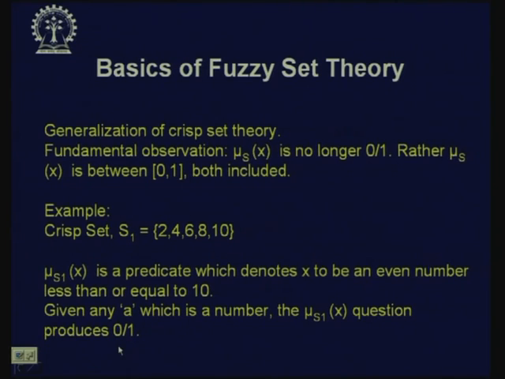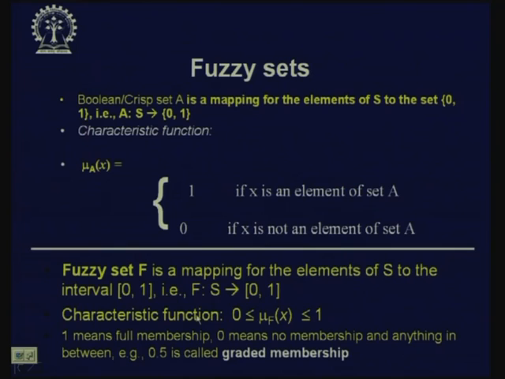So, here you can see that mu in a crisp set S1 is a predicate which denotes x to be an even number. Now, here is a final definition that I was trying to explain. A Boolean or crisp set A is a mapping from the elements of S to the set {0, 1}.